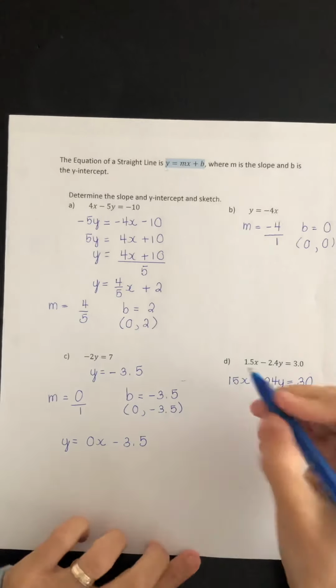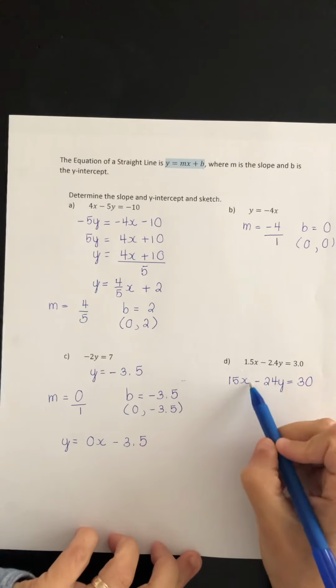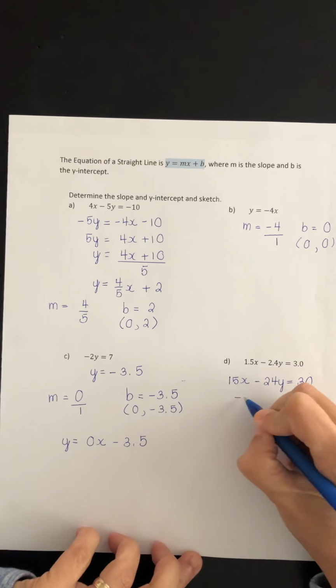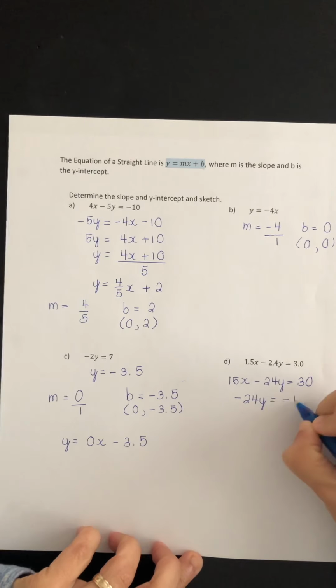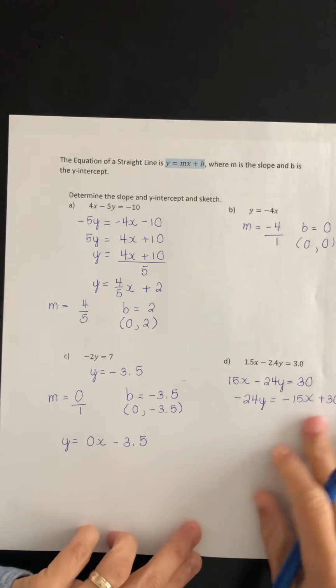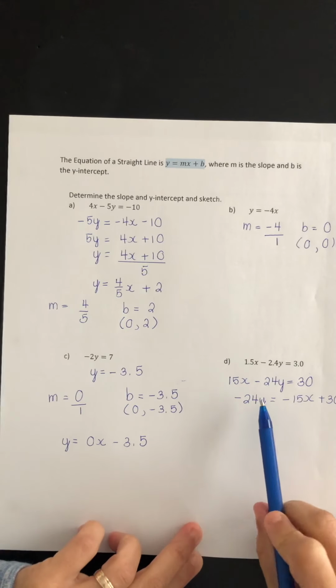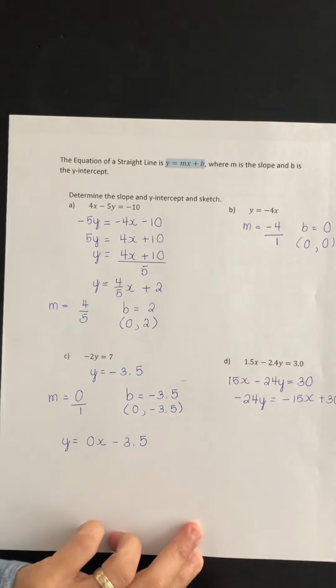Okay, now we're going to isolate y. So first we're going to move this term to the other side. So it is going to be negative 15x plus 30, like that. And then I would just need to be dividing all of the terms by negative 24.